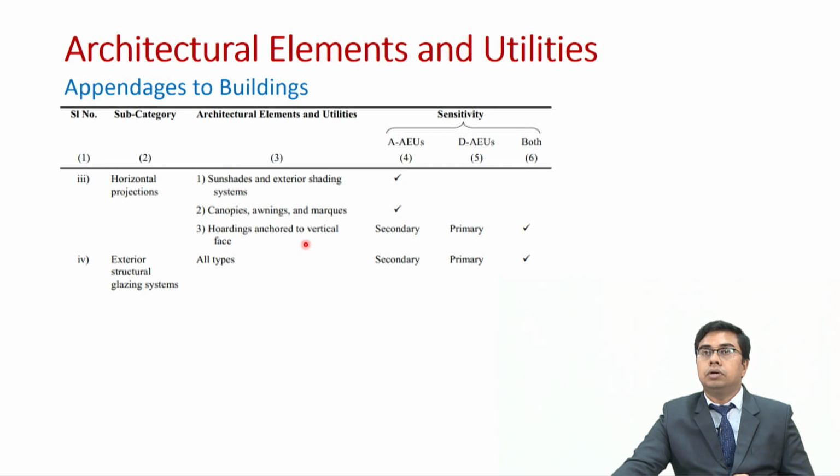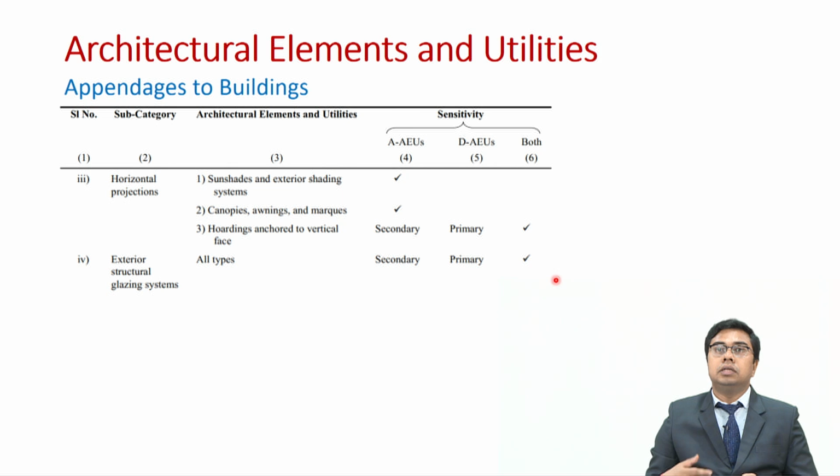Hoardings anchored to the vertical face can be classified as ADAEU depending on flexibility of the system or the connection. Then the exterior structural glazing system of all types shall be classified as ADAEU.